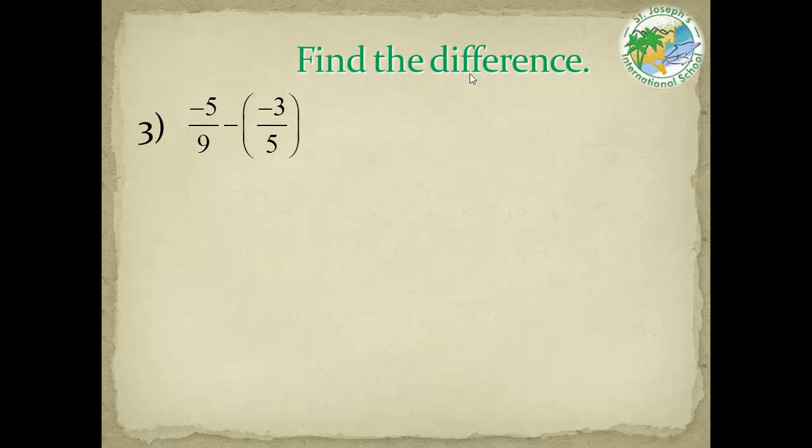Find the difference. This is the second part of this lesson, the difference between two rational numbers. Before we start, look at these fractions. Are these fractions equal denominator or different denominator? Then they should have equivalent denominators. And look at the sign.